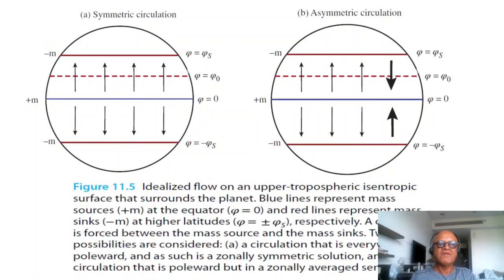What does this mean? If you look at the symmetric circulation where you have mass source m at the equator, which is diverging, so this is a symmetric case where the mass is flowing northward and southward, poleward, and being lost at these latitudes phi equal minus phi s and phi equal phi s.